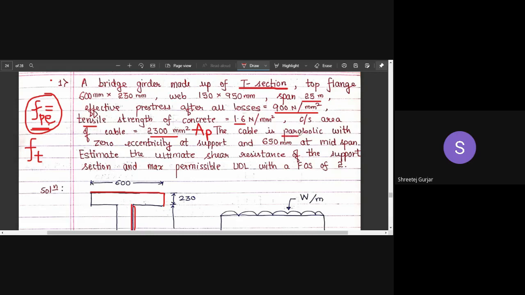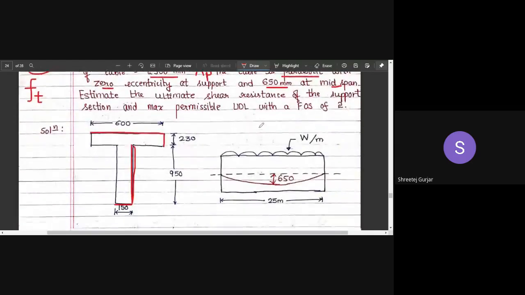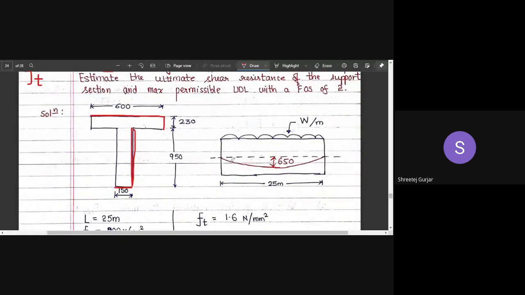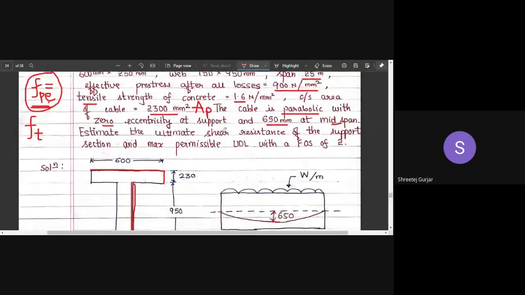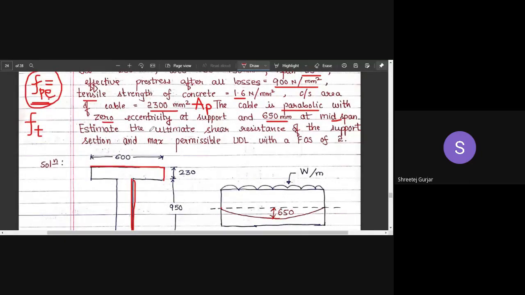The cable is parabolic, very important, with 0 eccentricity at support and 650 at the midspan. You can see I have drawn it here: 650 eccentricity at midspan and 0 at the supports. We have to estimate the ultimate shear resistance of the support section and the maximum permissible UDL with a factor of safety 2.